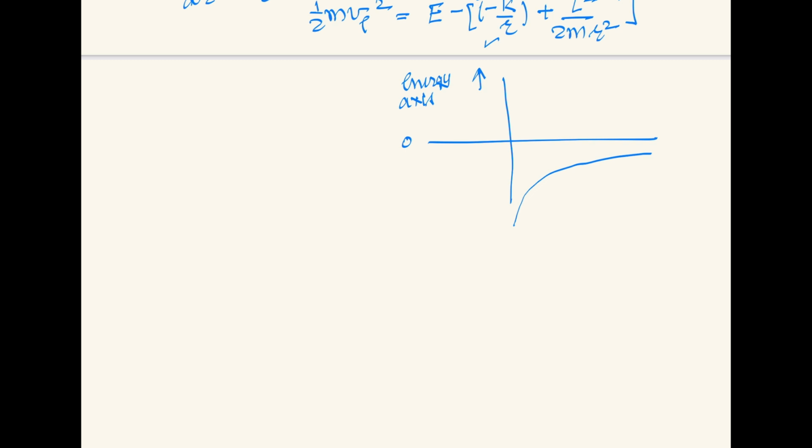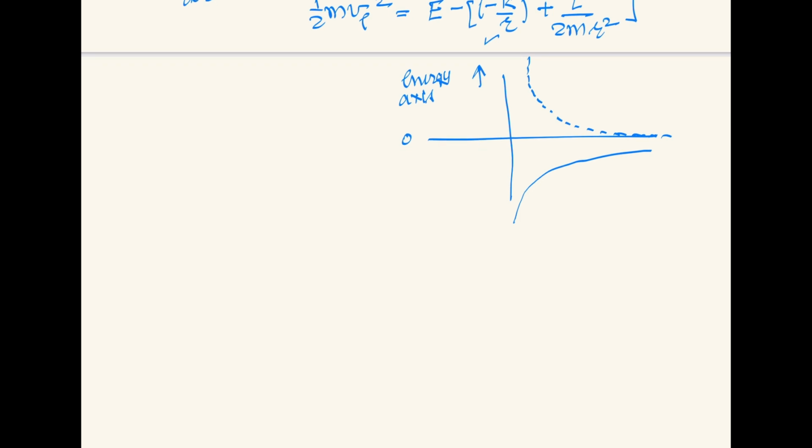What about this term? This term, mind you, is positive, and it has a 1 by r squared. Can you tell me what happens to this term as r goes to 0? Positive infinity, but it is greater than this negative infinity because it has a 1 by r squared. So this is going to be like this, but it falls off much faster than this fellow as r goes to infinity. Now what I'm looking at is the sum of these two graphs.